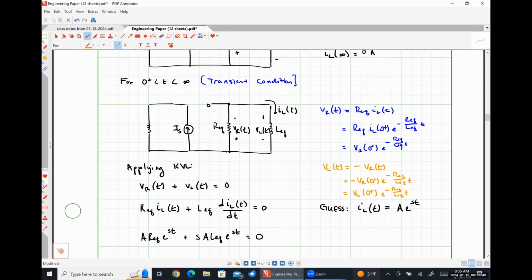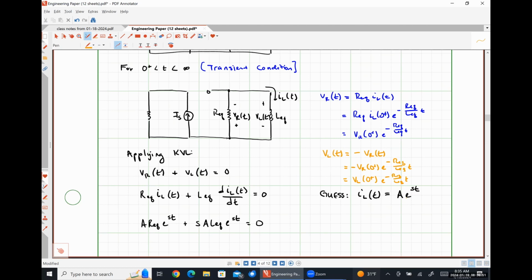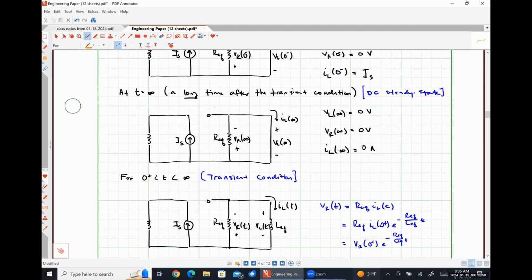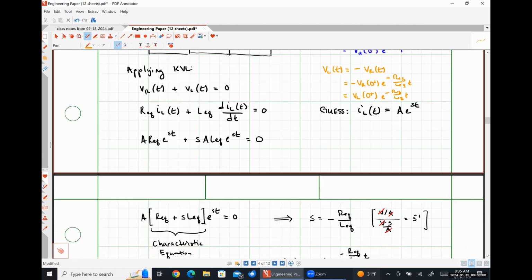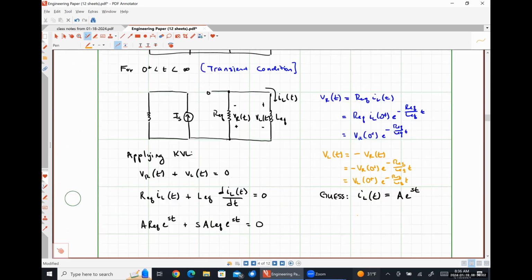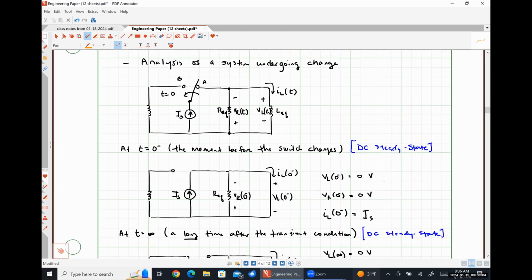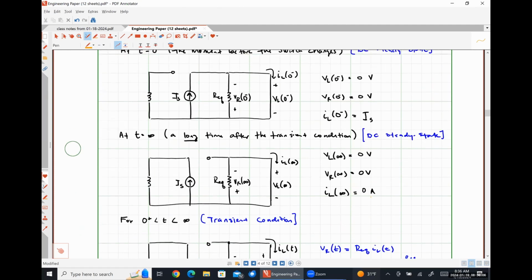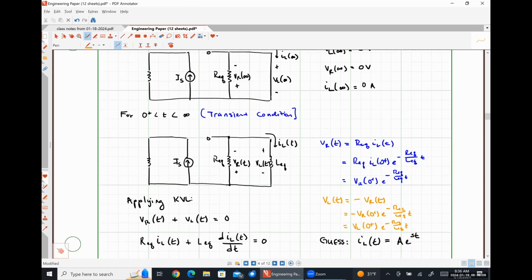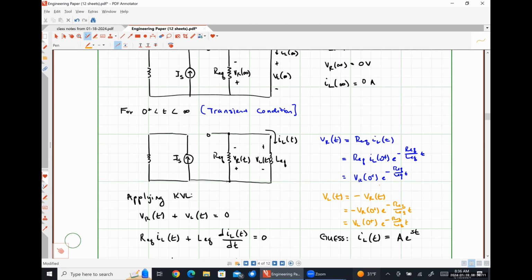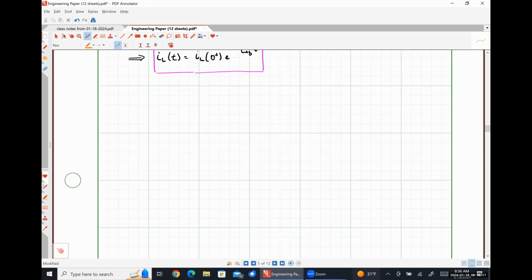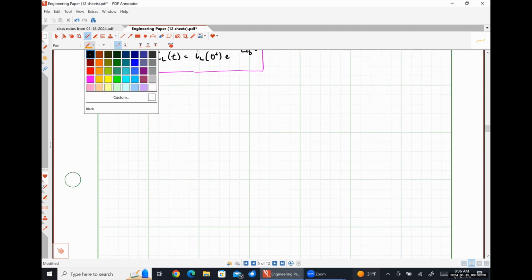So we now have a methodology by which to solve for literally any quantity that we might be interested in. If we know what's going on at 0-, we look at what's going on at infinity and 0+. This is literally all of the possible information that we could ever need to solve a circuit like this. So let's prove that by working an example.